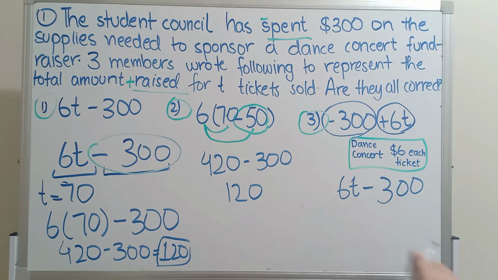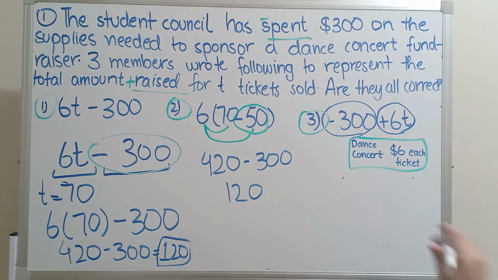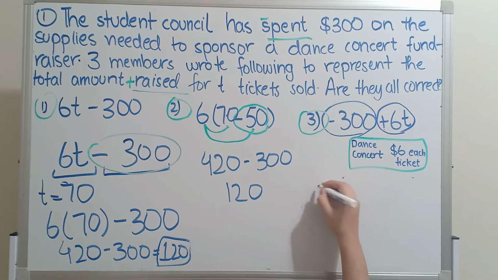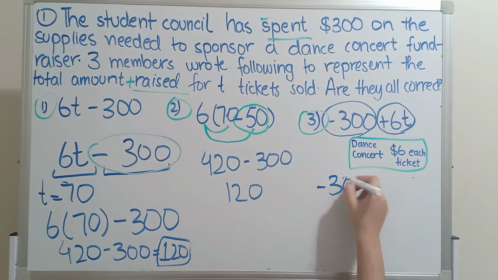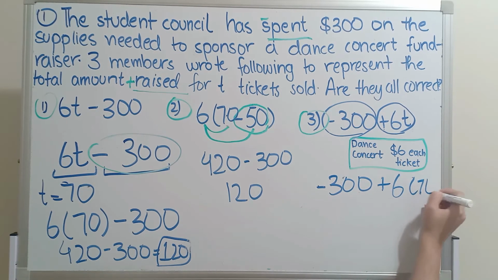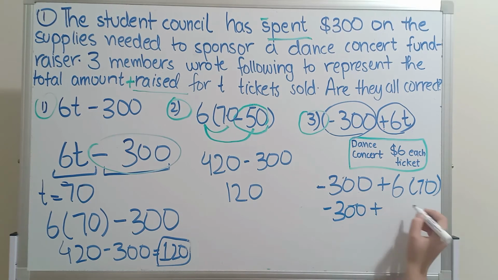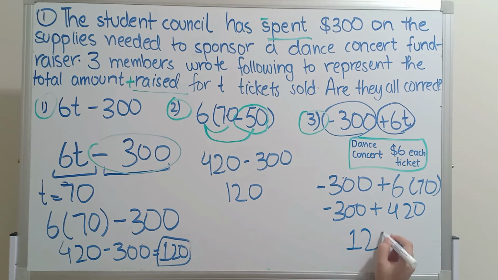So negative 300. We're going to erase this real quick. So negative 300 plus 6 times 70. So if we do that, negative 300 plus 420, we will also end up with $120.